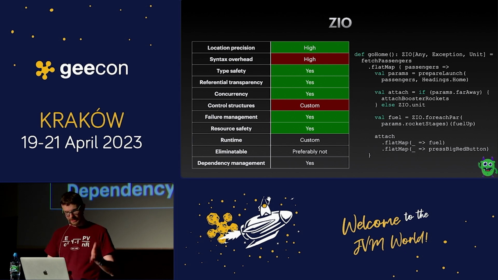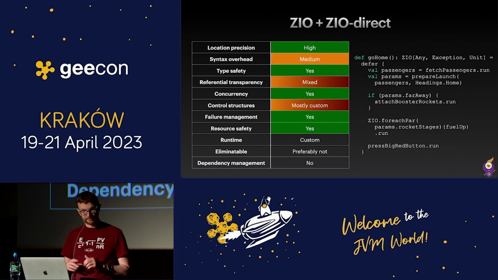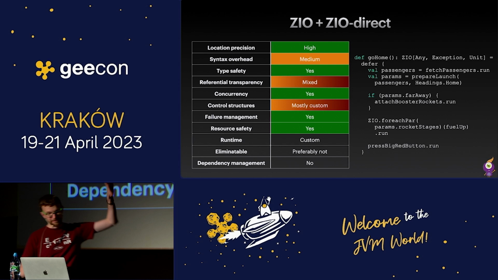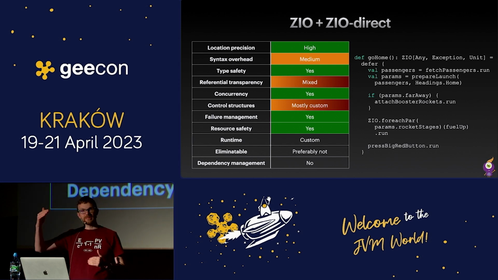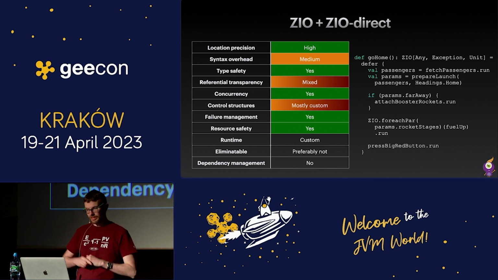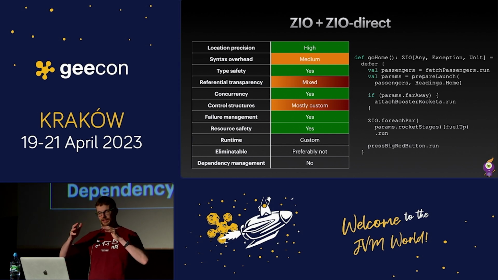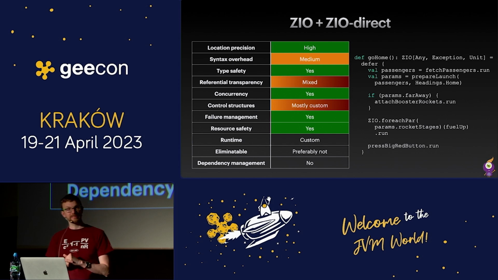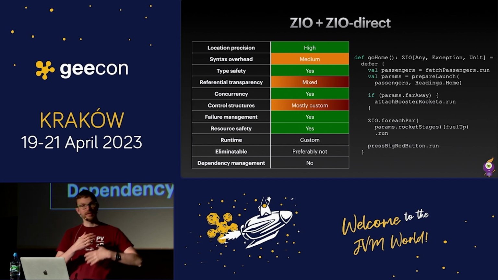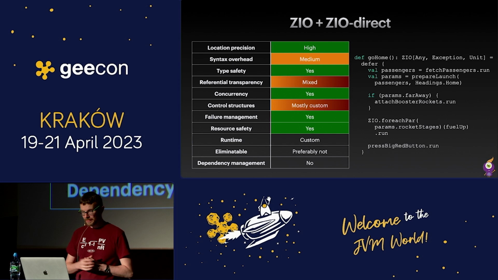There is an attempt to decrease the syntax overhead, and that's called ZIO Direct. So you can see that there's a defer block. It's a local transformation of code which runs at compile time and tries to translate code written in direct style, as we would write with checked exceptions, for example, into the flat map version that we have seen before.